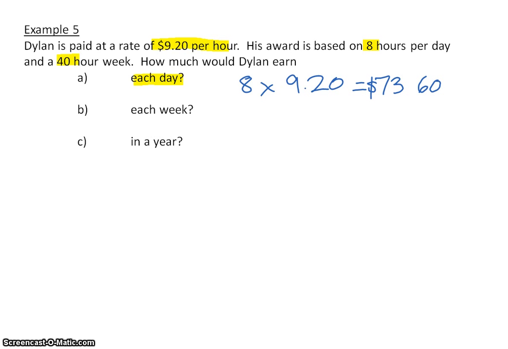Next part of the question, we're looking at per week. Per week, we would need to multiply by the number of hours he works in a week.